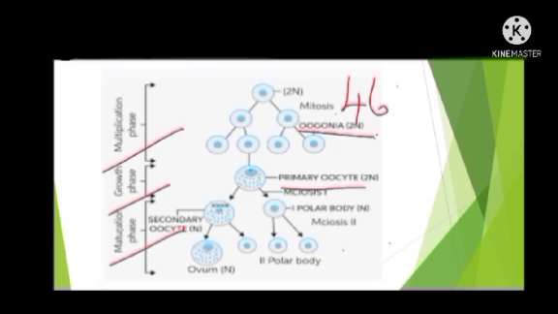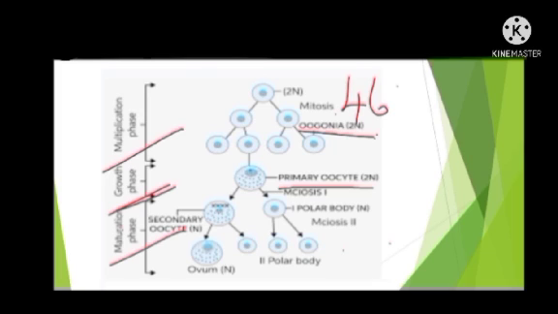Actually, it enters into the next phase called the growth phase. In the growth phase, what happens to this primary oocyte? It will be surrounded by the primary follicle. Then more and more granulosa cells will surround it, and it forms the secondary follicle. Then a fluid-filled cavity will be formed. It forms the tertiary follicle, and at last the Graafian follicle.